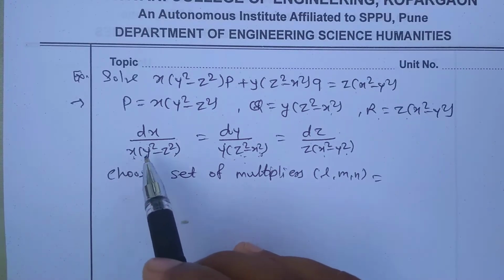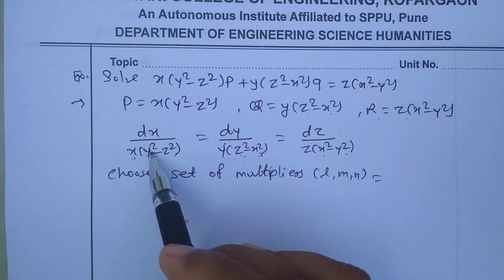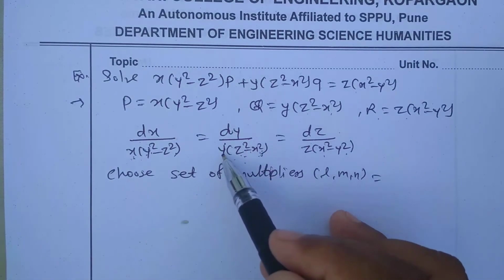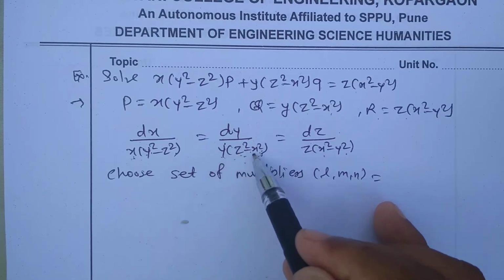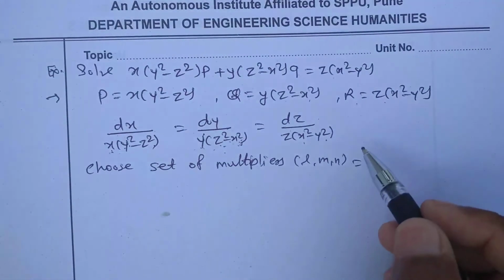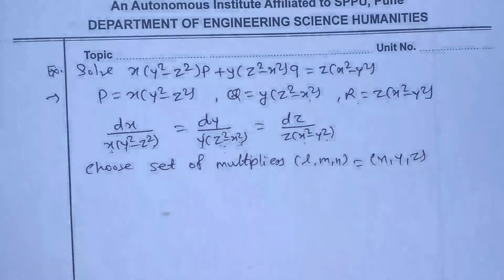So after simplification you will get a term x square y square. Check out the similar term here. See here minus x square, and after multiplying by y here it becomes y square. So minus x square y square gets cancelled. That means the terms may be cancelled. So we may consider the multipliers as x, y, z.